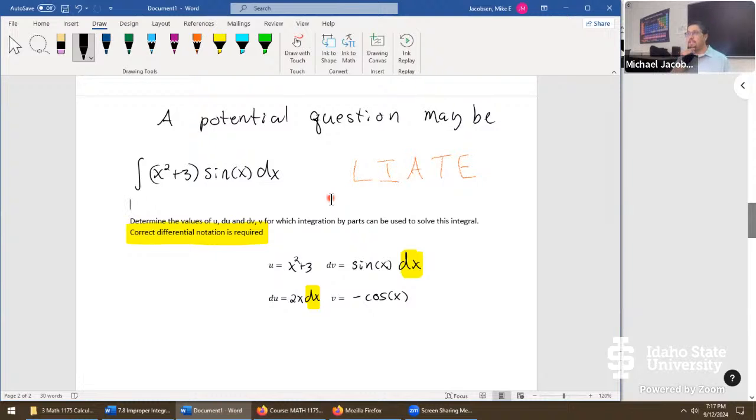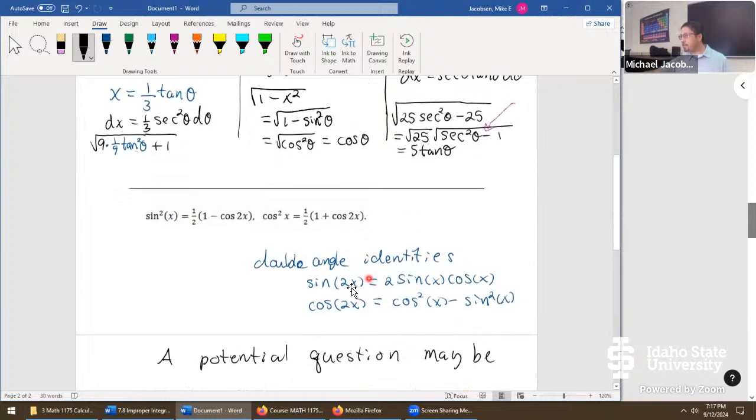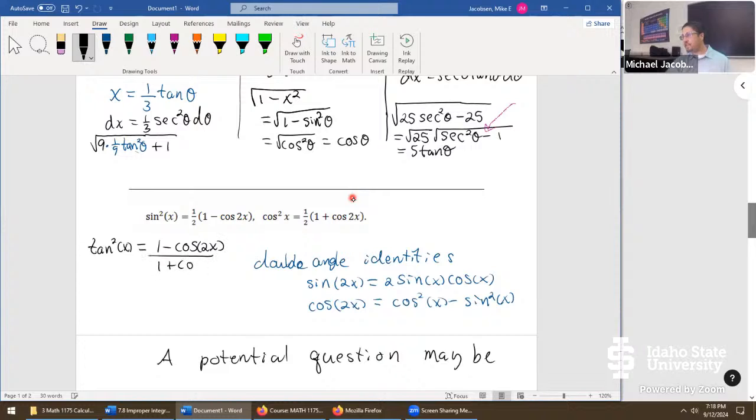Half angle for secant, tangent. There should be, let's see, if there's one for, say, sine and cosine, we have a reduction. So if you want a reduction for tangent, you could go tangent squared x equals, you would take this thing, divide by this thing. So now it's 1 minus cosine 2x over 1 plus cosine 2x, after simplifying the 1/2.